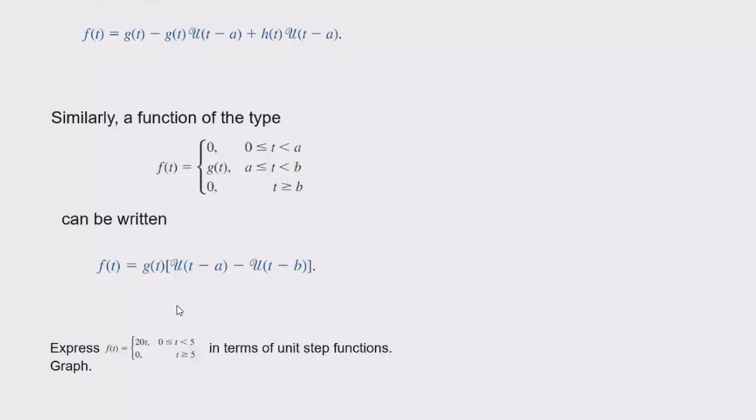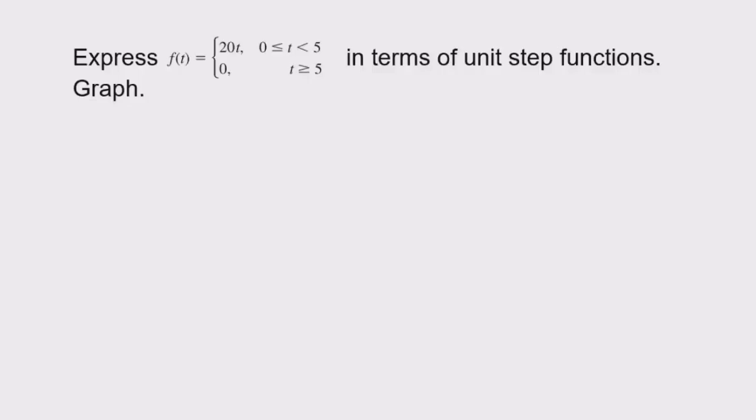And so in the g of t piece, you can see that our transformation is t minus a and then t minus b, just in that general format. So we're going to use this general format to find ways that we can rewrite functions in terms of the unit step function. Okay, so f of t is 20t from 0 to 5, and then 0 after 5.